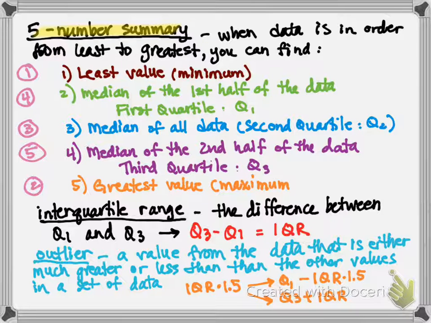So any number that goes in front of the first one or after the second one would be considered an outlier. So we're going to do some examples and we will look for outliers as we go through our examples. Okay?